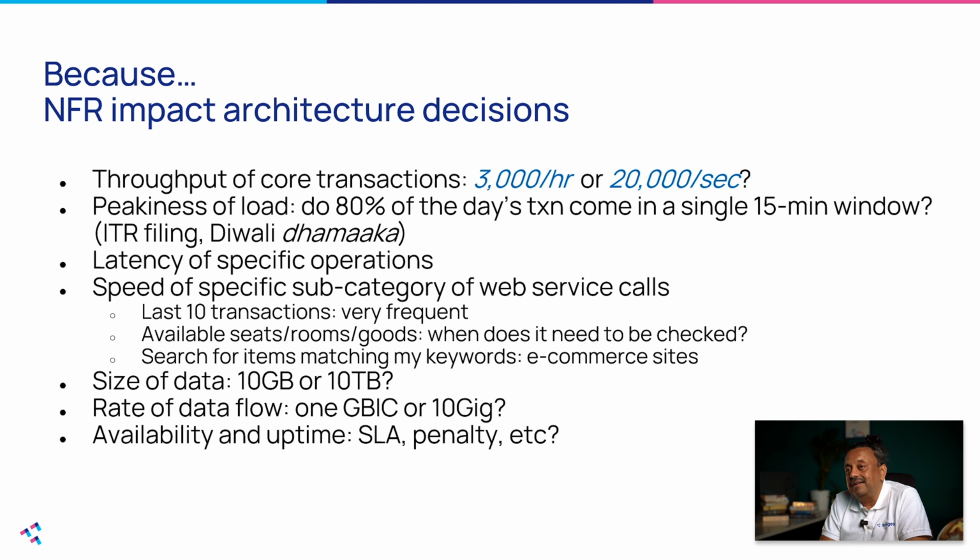The next NFR is very common in the enterprise, financial sector, etc., etc. Uptime. How long can the system be down? Can the system be down 1% of the time? This means that the system can be down for 3.5 days every year. Can you imagine any banking system which will give you only the rest of the year available on the system, and it will be shut down for 3 days in the year?